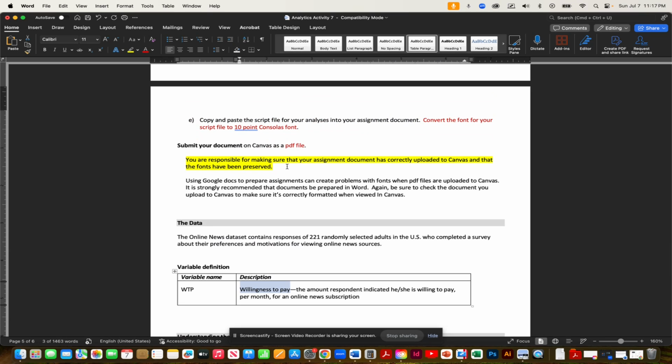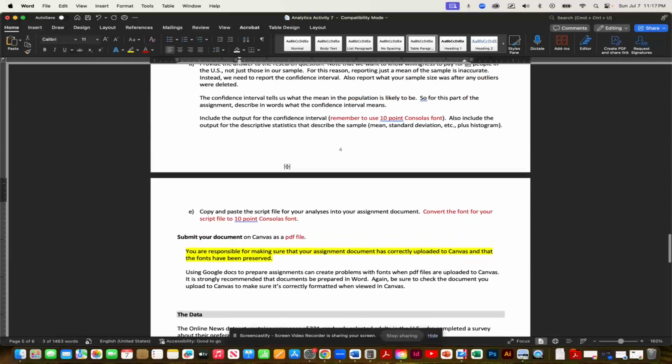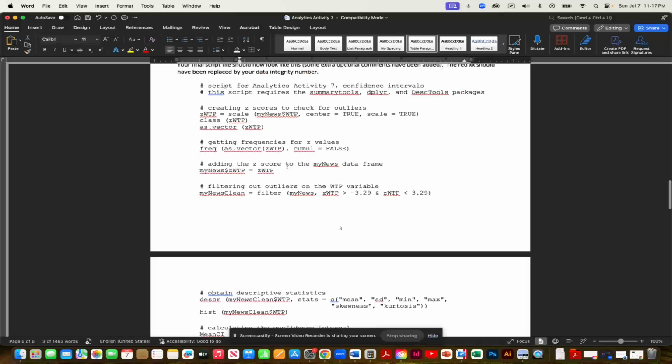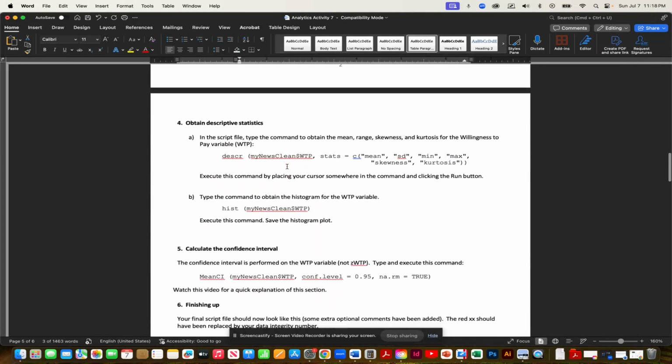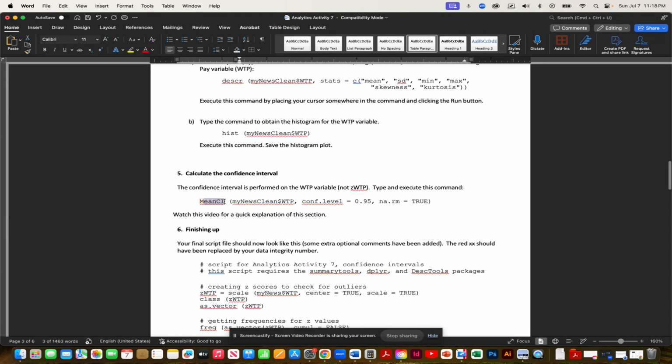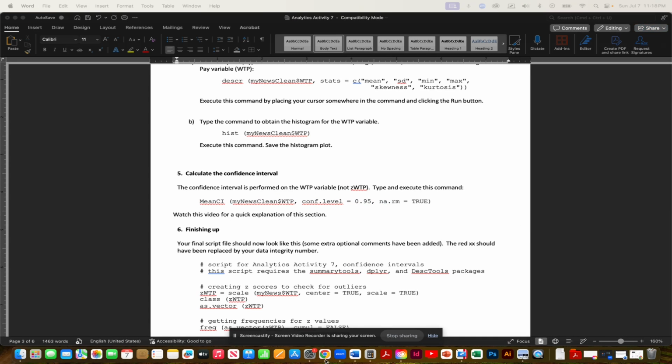So again, the fundamental question of statistics is what can we infer about a population based on a sample of data? The next thing to appreciate from this idea of using a sample is that when you do number 5, let me go back to that, and you use this command right here to find the confidence interval, you're going to get output that looks like this.